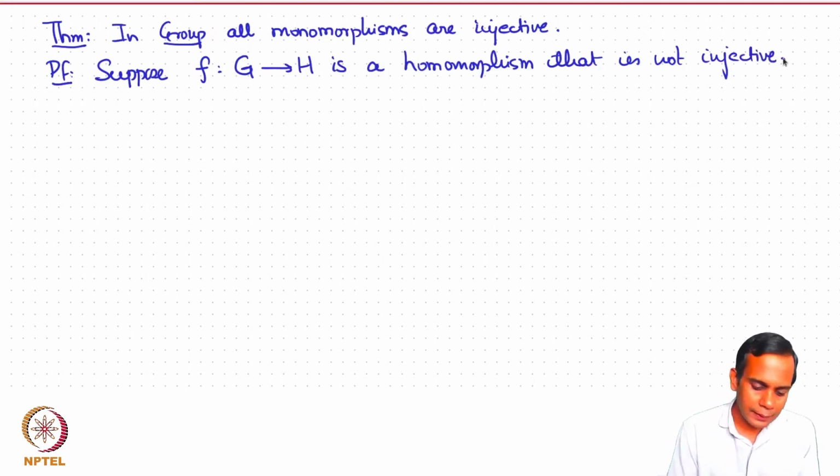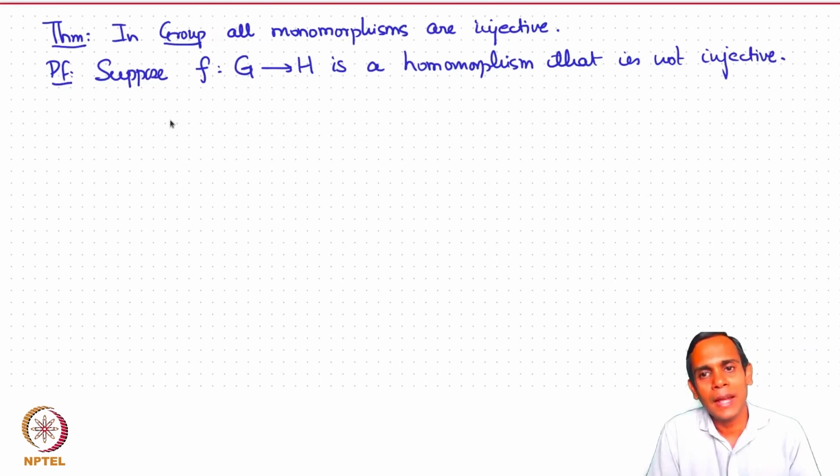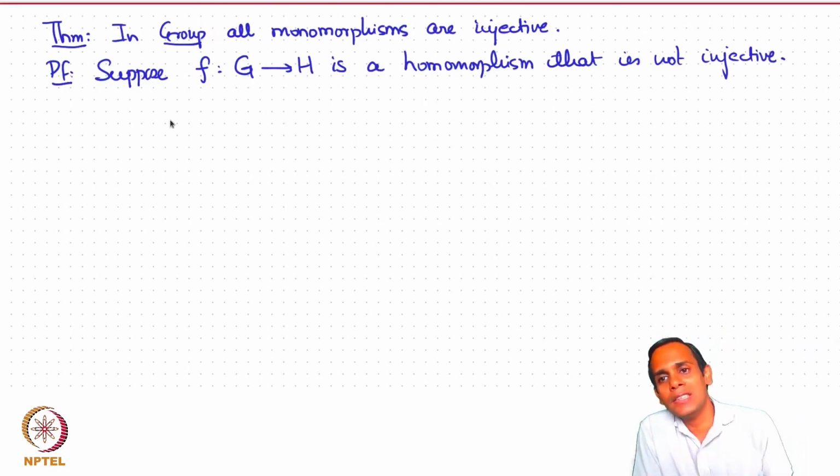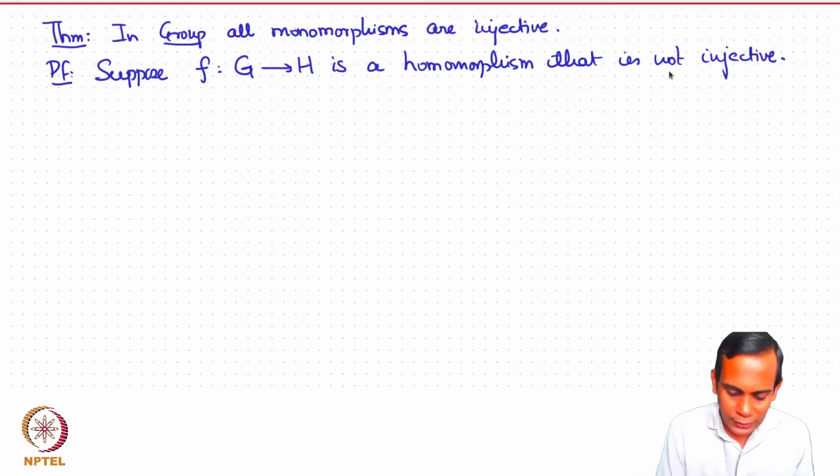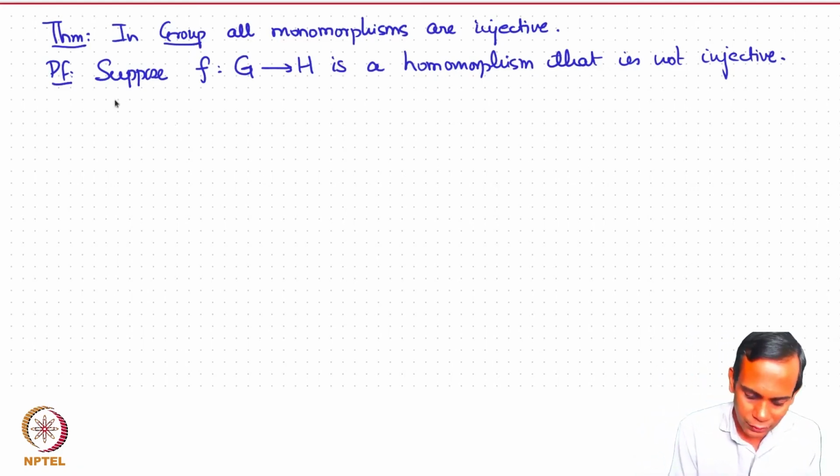So now for such a homomorphism, recall from the theory of groups that a homomorphism is not injective if and only if its kernel is non-trivial. So if it's not injective, that means that its kernel is non-trivial.